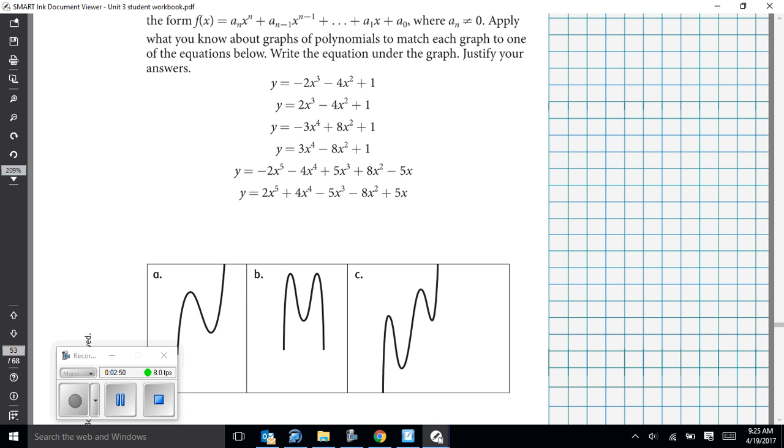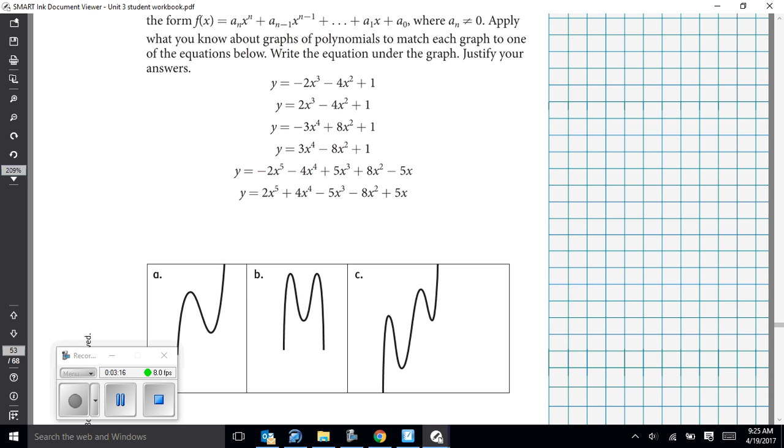If it's an even degree function, the highest degree is an even number, right? So 2, 4, 6, 8. If it's an odd degree function, what do we know about its end behaviors? Think about the x cubed function. What does that graph look like? You have one side going up and the other side going down, right?